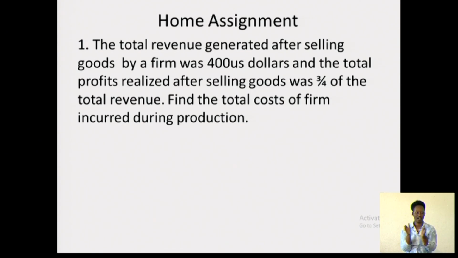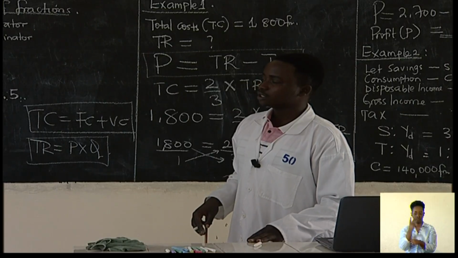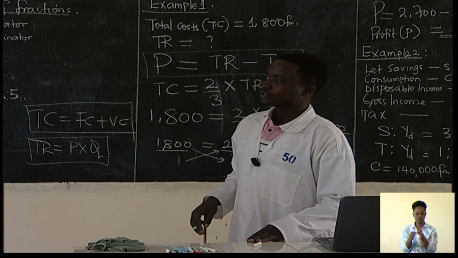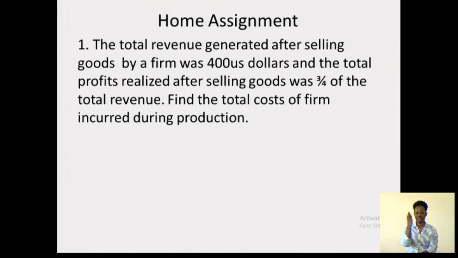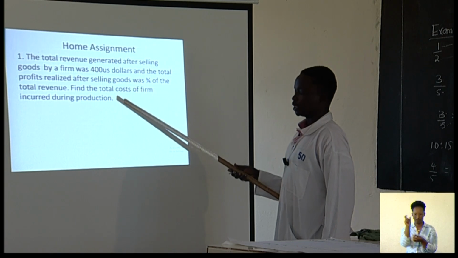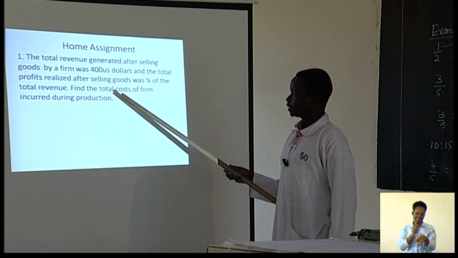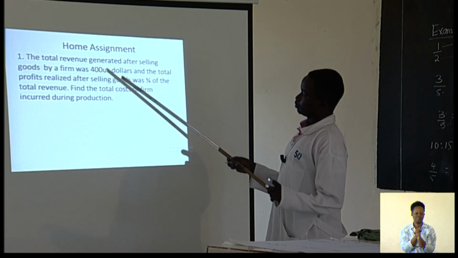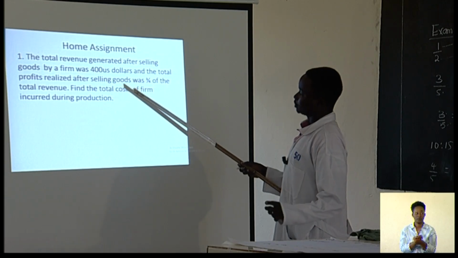And the total profits realized after selling goods were 3 out of 4, which is the same as 3/4, of the total revenue. Find the total costs of the farm incurred during production. I want you to interpret it well.